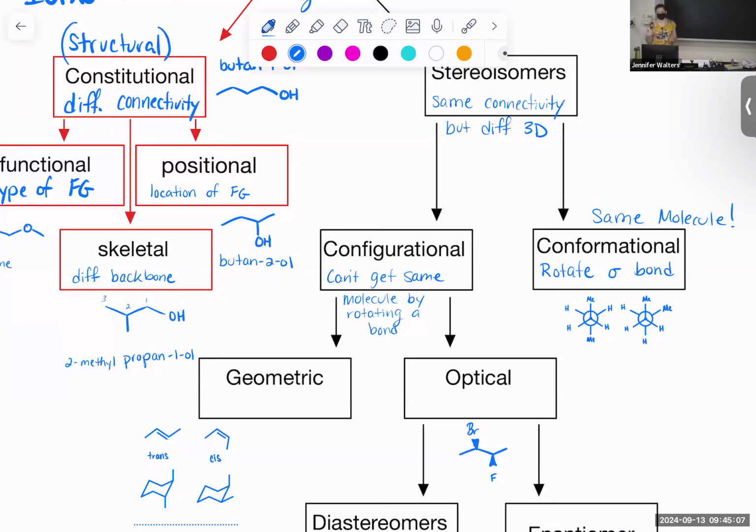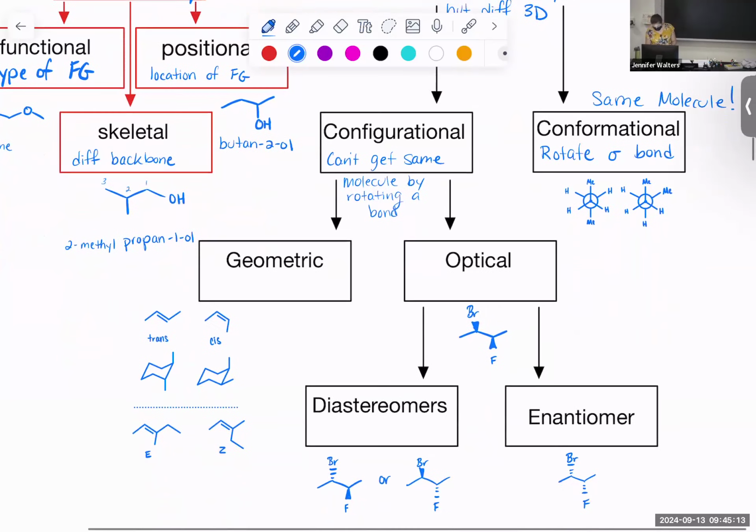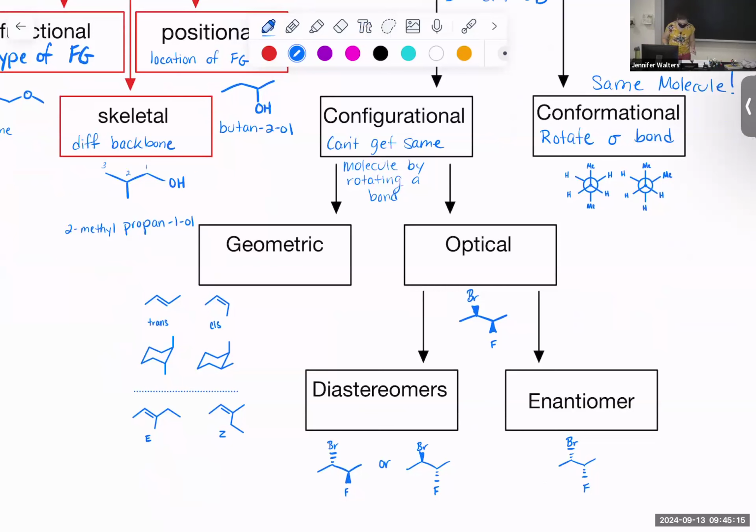So we're going to have either a locked conformation or a different 3-dimensional assignment. Geometric is where you have the restricted rotation. Geometric is our cis and trans, or the E and Z.